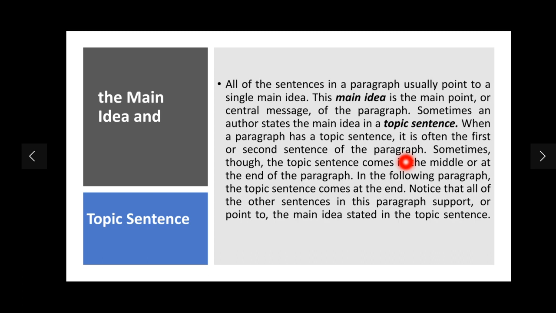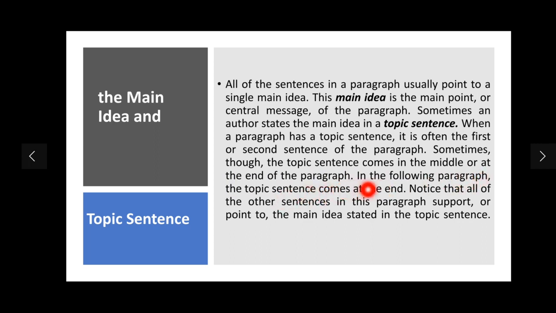Sometimes the main idea is also given at the end of a paragraph, or somewhere in the middle of the paragraph. But usually the main idea is given in a topic sentence and it is placed as the first or second sentence of a paragraph.